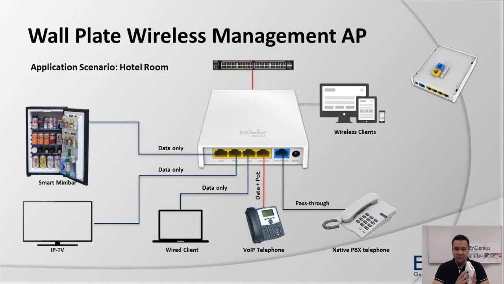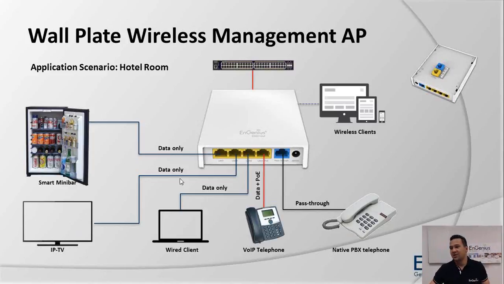There is this LAN connection on the back side, and there is also a pass-through. The pass-through, for instance, if you would like to make a very clean installation in your wall, you can just let the pass-through go. The blue one from here will go directly to this one.